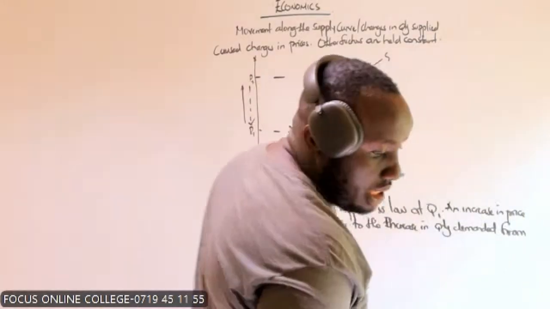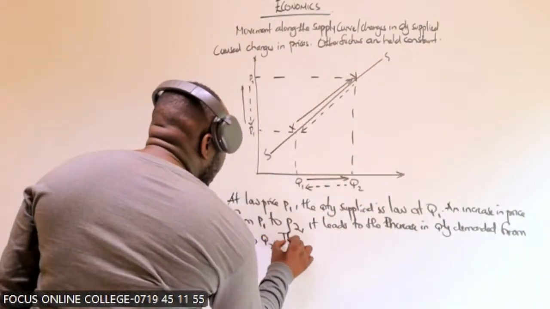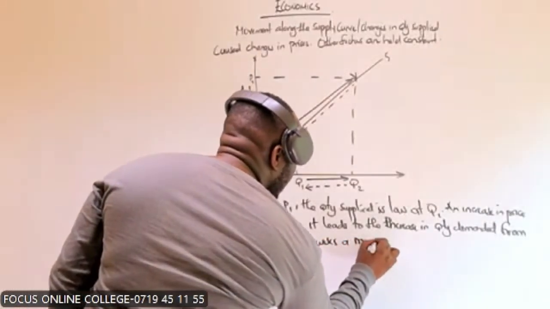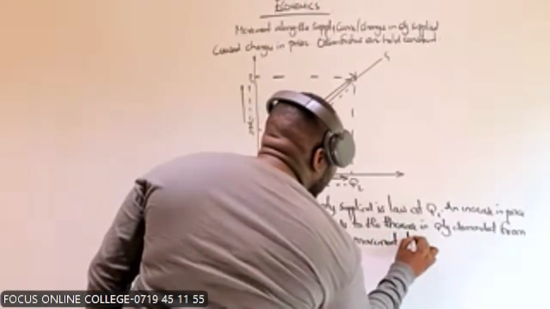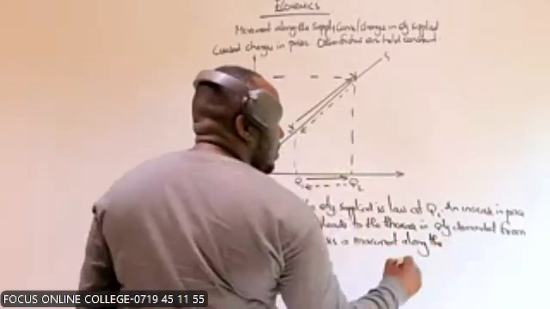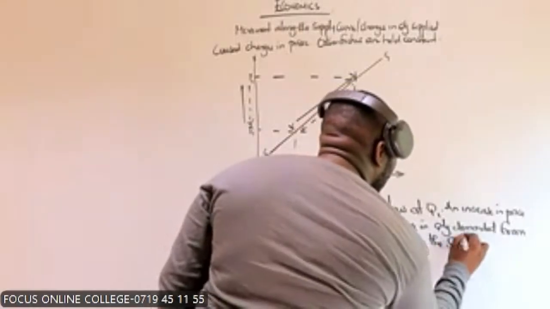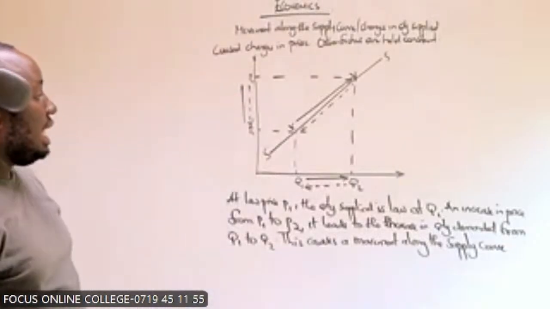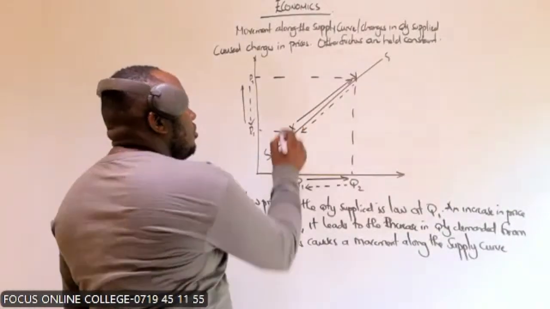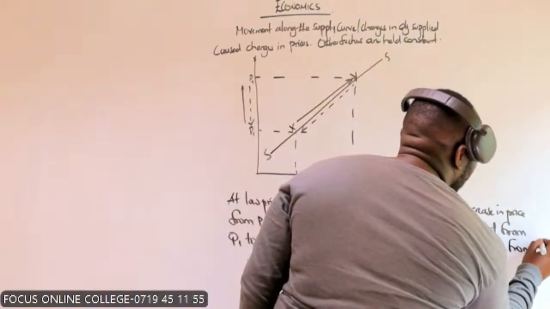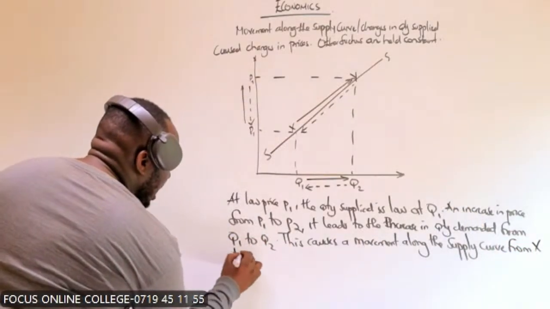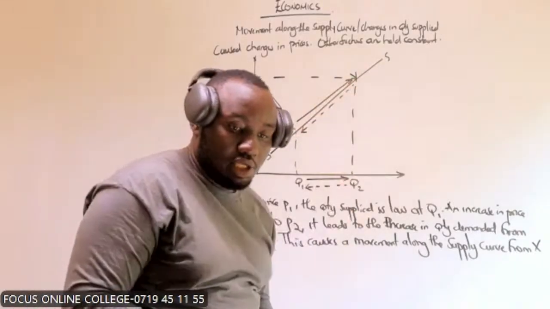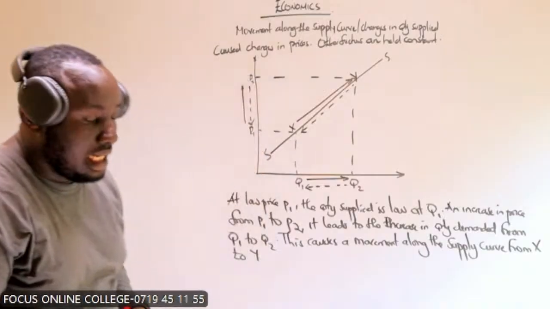So this causes a movement along the supply curve, from X to Y. Are you able to see that, Charles and Peter?